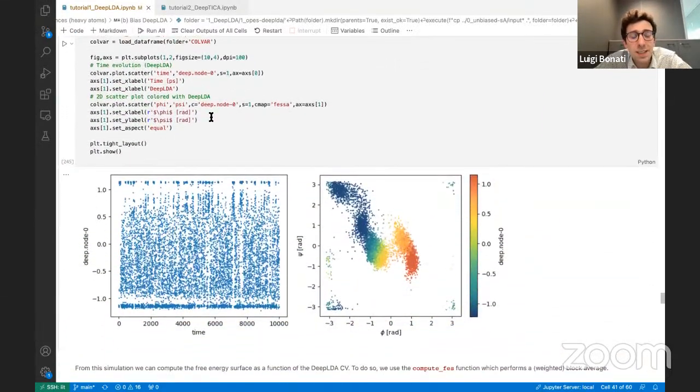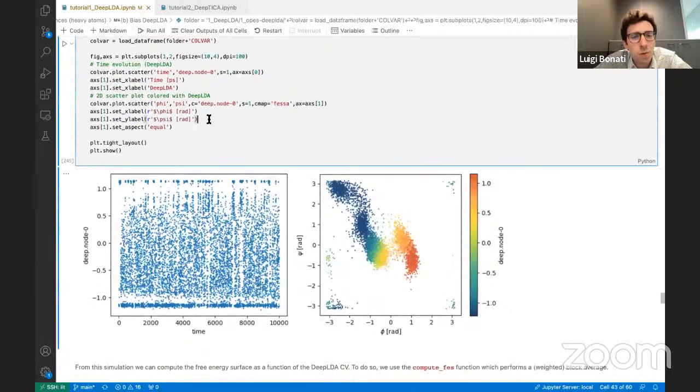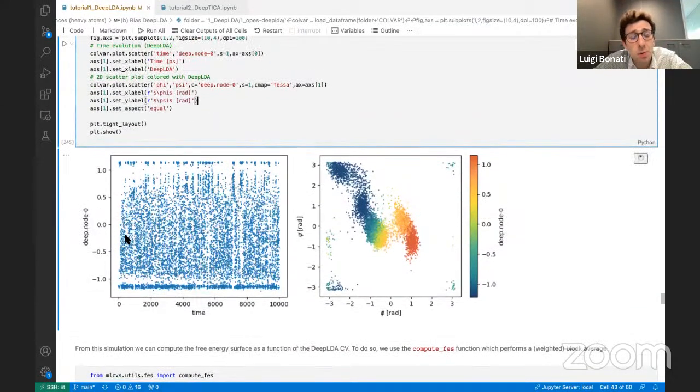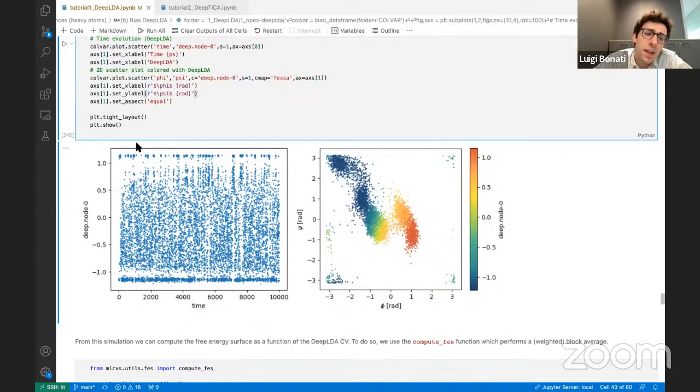And once the simulation is over, we can have a look. First of all, we can see the time evolution of the collective variable. So this is about 10 nanoseconds. You see, we observe multiple transitions between the states.